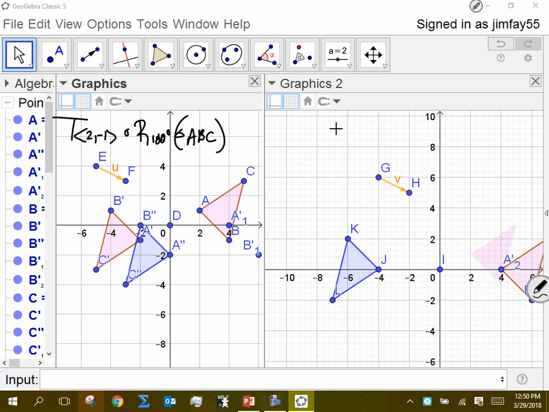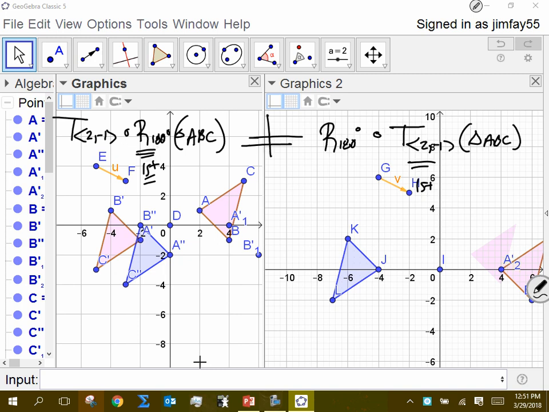The composition that I did over here would have looked like that by hand, okay? So in this one, we did the rotation first, right? In this one, we did the translation first. Even though the individual components are the same, are the results of these two compositions the same? No. So these two things are not equal, okay?